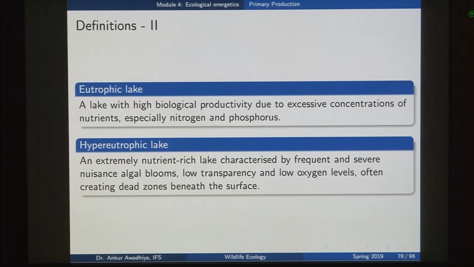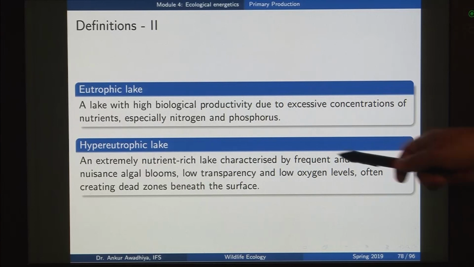So, the amount of algal blooms is so high that it is becoming a nuisance, with low transparency and low oxygen levels. Why low oxygen levels? Because once you have these heavy numbers of plants, they will also die after a while, and when they die off, their tissues will get decomposed, and during this process of decomposition you will have oxygen consumption by the microorganisms.